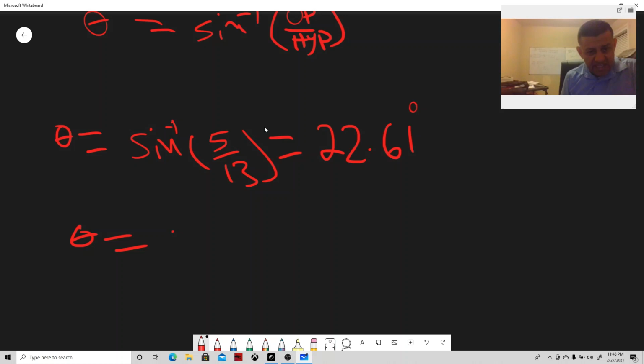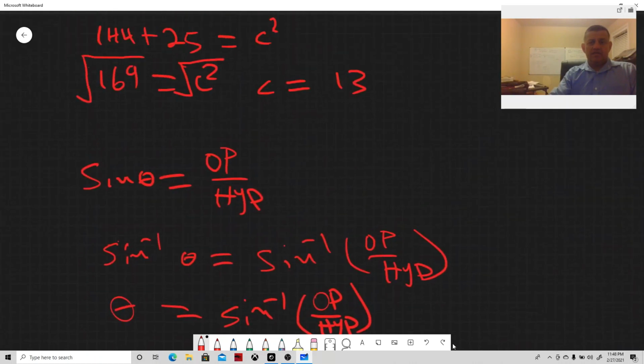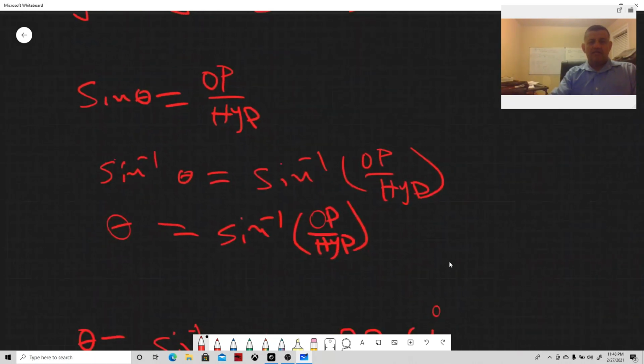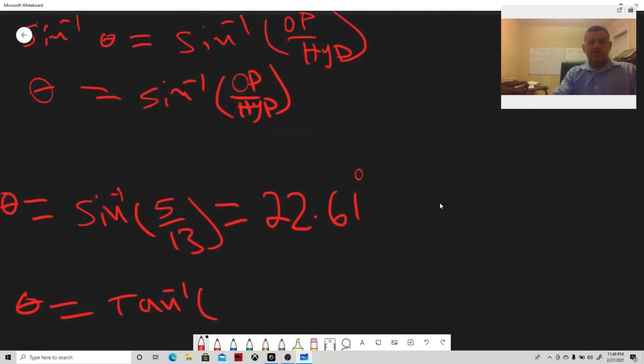Theta is equal to the inverse tangent of... I'm sorry, this is not a -1, it's the inverse. Making sure that we don't confuse that. Theta is equal to inverse tangent of... what is it? Oh, I didn't write it down here.